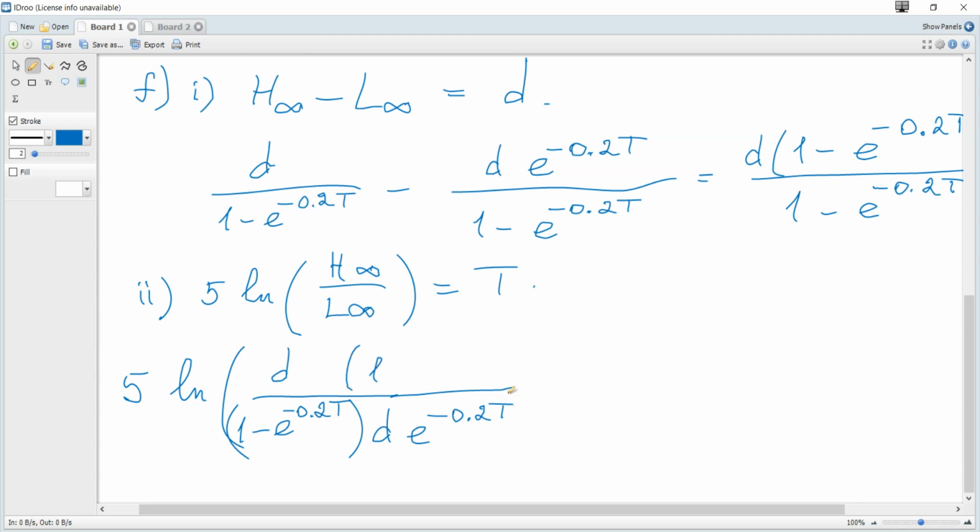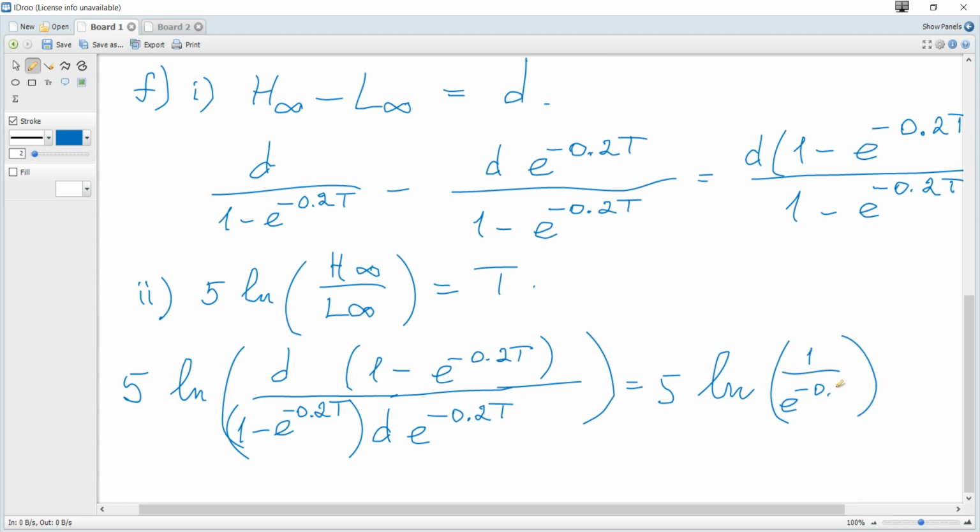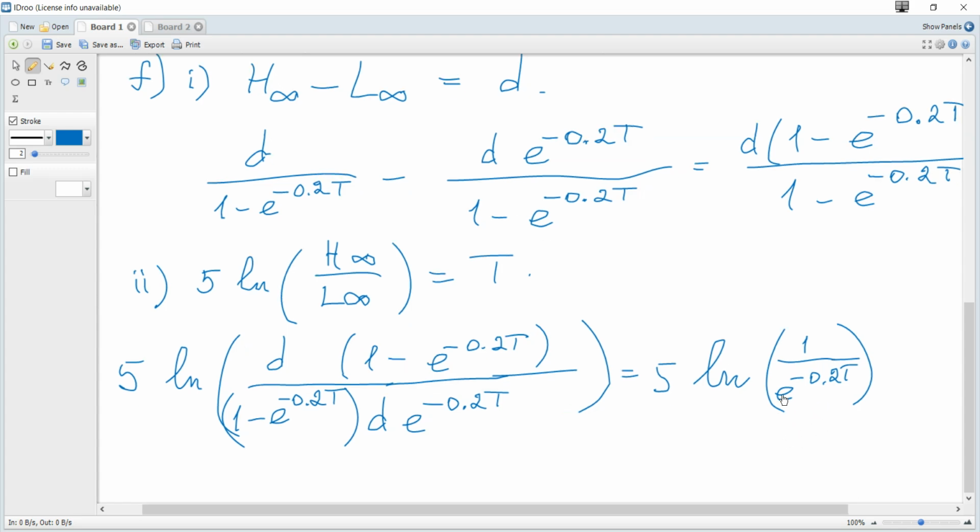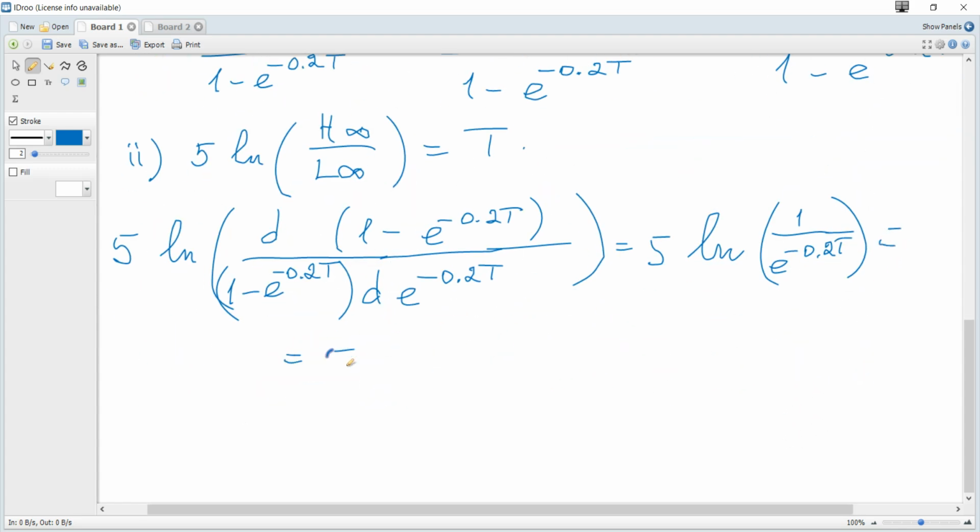It becomes the numerator 1 minus e to negative 0.2 t, just division of fractions. You can see d cancels, this cancels, so we get 5 ln of 1 over e to negative 0.2 t, and it's 5 ln of e to the power of 0.2 t.